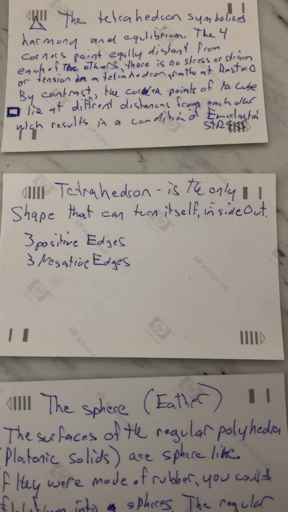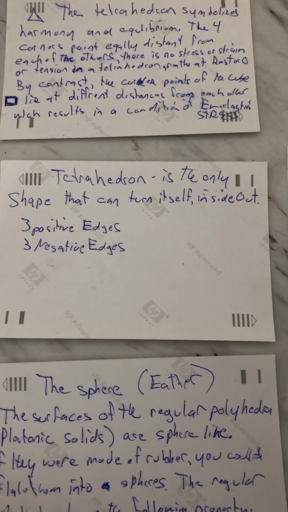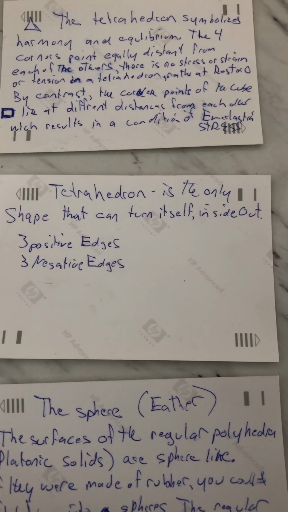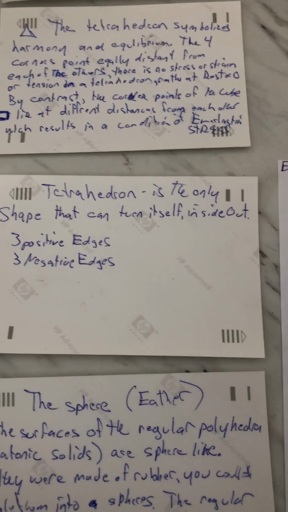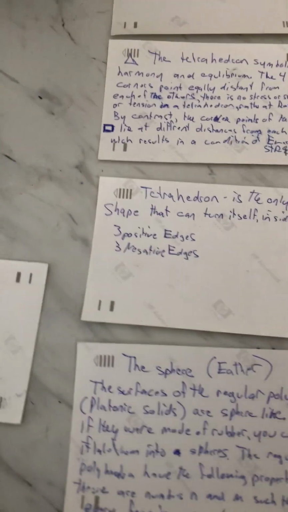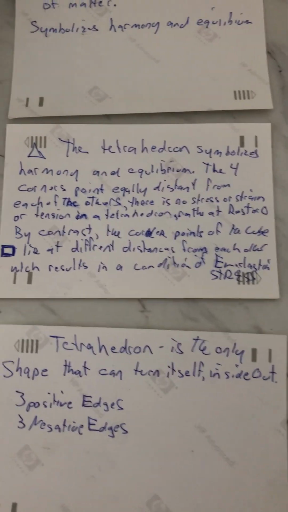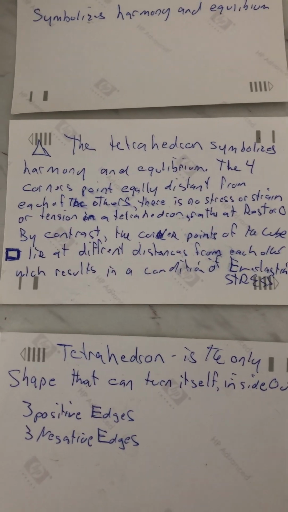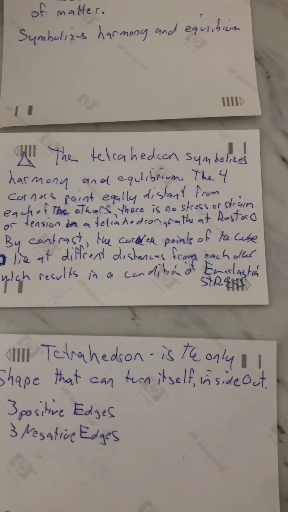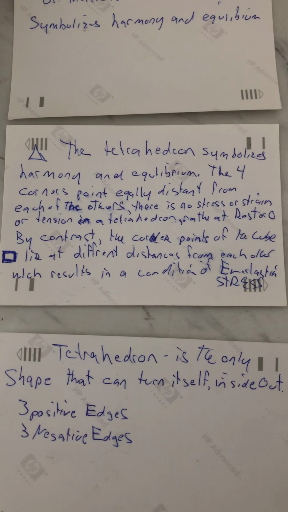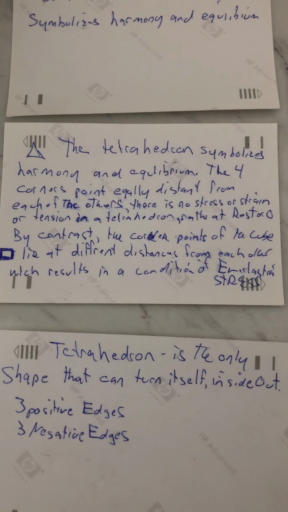So the tetrahedron is really interesting too, because the tetrahedron is the only shape that can turn itself inside out. It's got 3 positive edges and 3 negative edges. So this has a major effect when something like that goes into rotation, because it's creating ether churn in the local area. The tetrahedron symbolizes harmony, equilibrium.